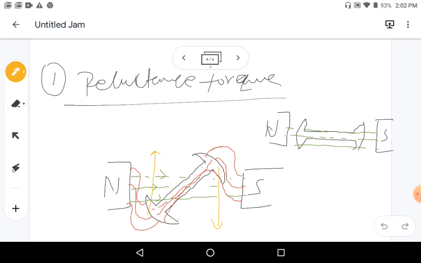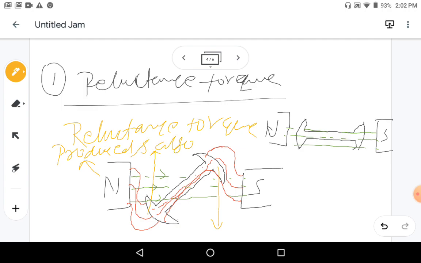In this case, reluctance torque is produced, and also electromagnetic torque is produced.